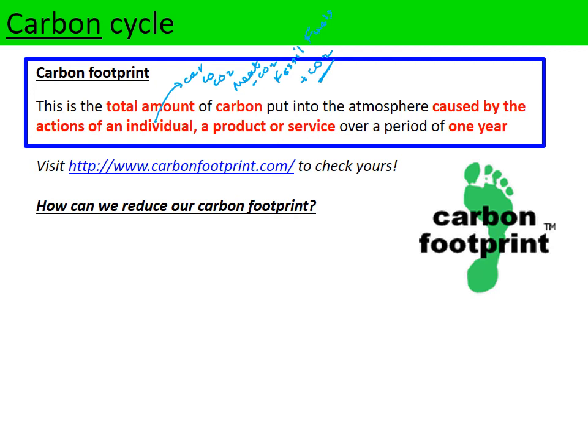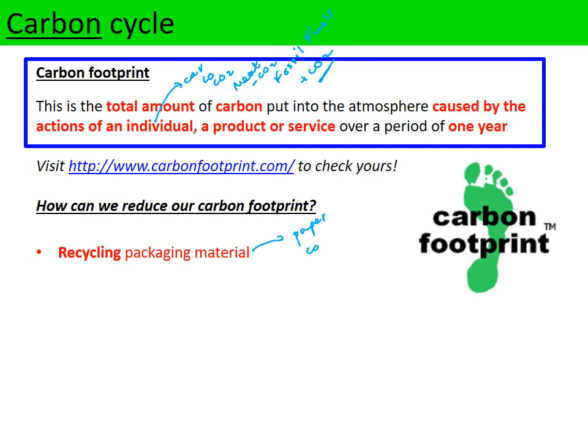So what are the issues that we could look at in terms of reducing our carbon footprints? Well, we could possibly use recycling of materials used to package food, for example. So we could start to recycle our cardboard and our paper.